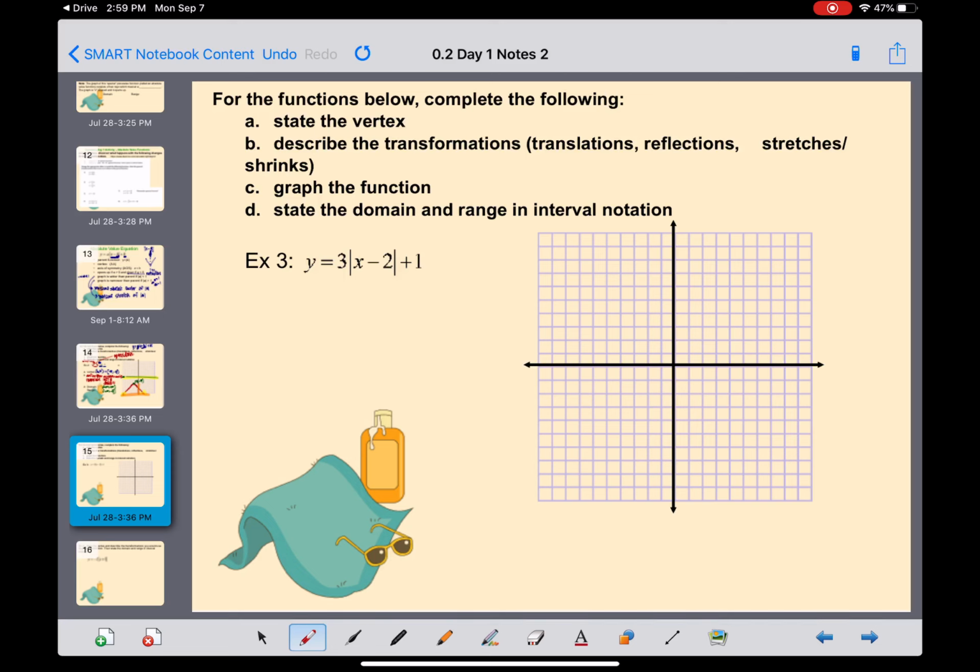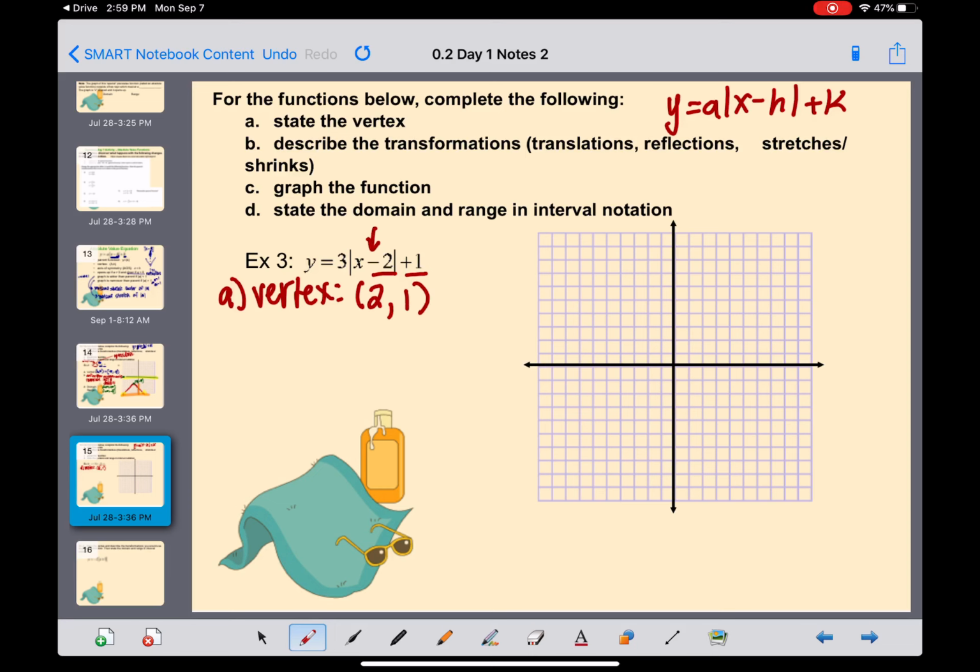Okay, so we're going to state the vertex. Remember it's y equals a, absolute value of x minus h, plus k. So the vertex is that h and k. So it's x minus h, so this is 2 and 1.